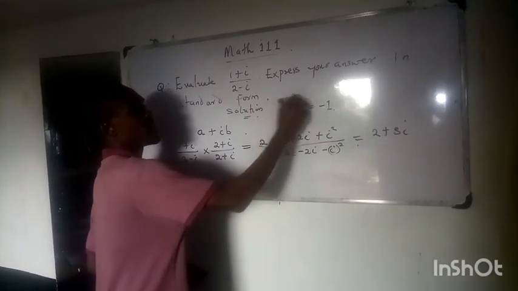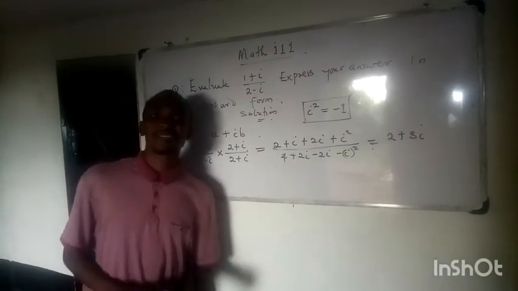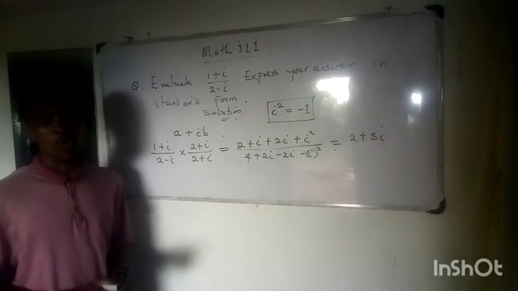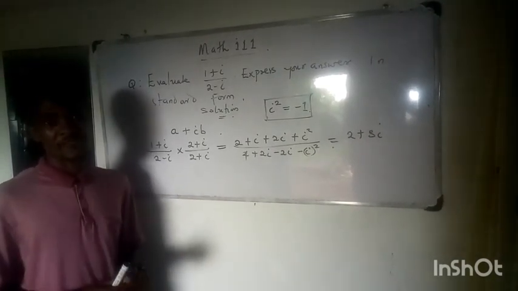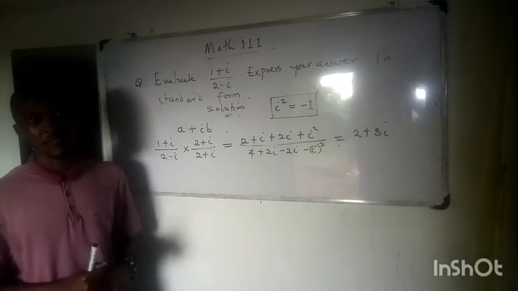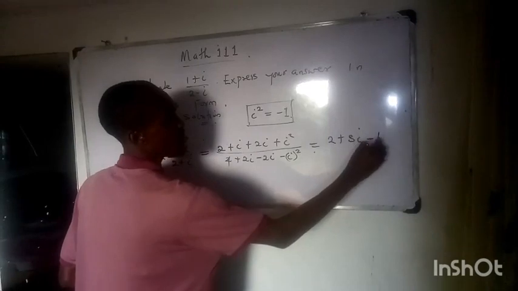This is a major fact in complex numbers, that i squared is equal to minus 1, a very, very important fact that comes up again and again in most of your problems in complex numbers. So we say this is minus 1.